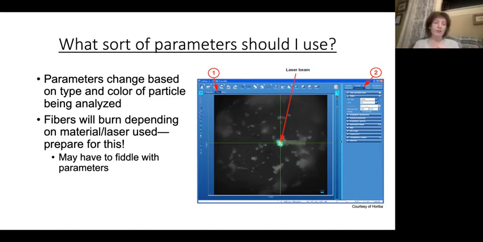A lot of it is trial and error. For example, fibers will sometimes burn depending on the material and the laser used. And so you may just have to fiddle with things, and sometimes it helps to use some practice samples before you get started on the real samples. When we first got our FTIR at OSU, I was bringing in fibers from our dryer for Emily and other students to practice on before they started processing our valuable fibers and particles picked out of rockfish guts and otter scat.